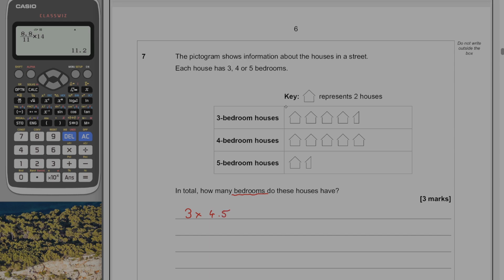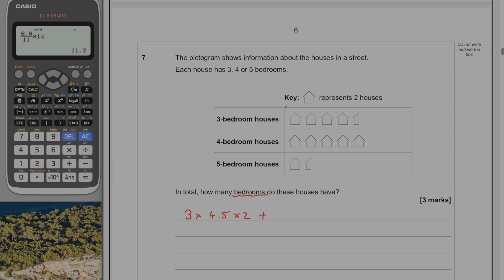I'm going to put the times by 2 in here, but I could have put the times by 2 overall at the end, but I'm going to keep it this way. Plus 4 times by 1, 2, 3, 4, 5, 5 lots of 2, plus 5 bedroomed houses times by 1.5 times by 2. And I would typically type it into my calculator like that.